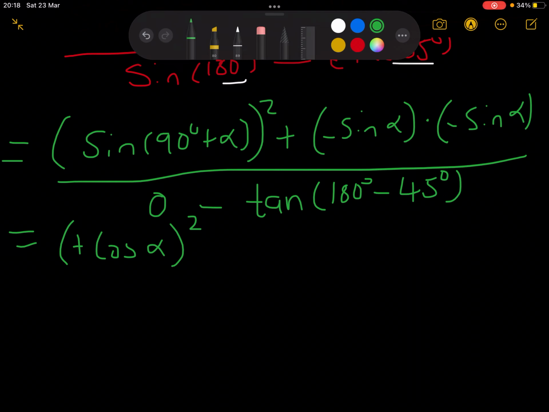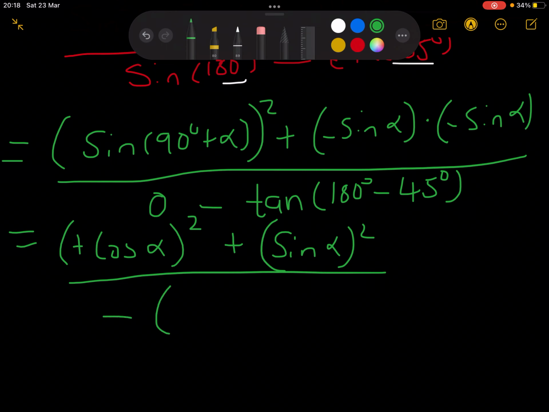Then we add negative sine alpha times negative sine alpha. We get a positive sine alpha squared, all over 0, which is just 0, and then minus tan of 180 minus 45. This is found in the second quadrant, where tan is negative, so this will be negative tan of 45.